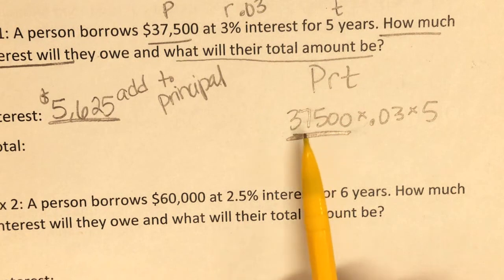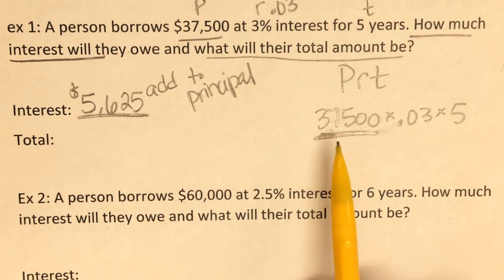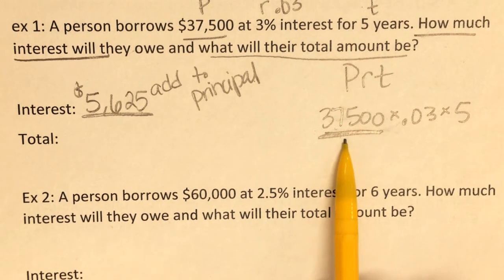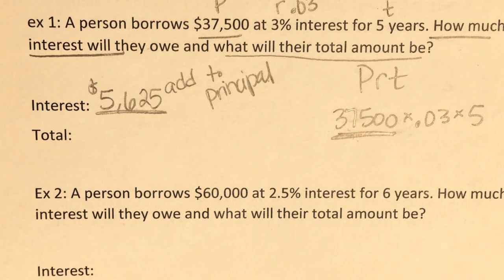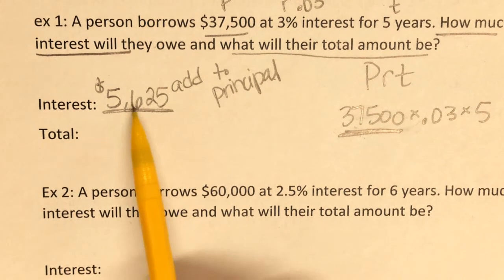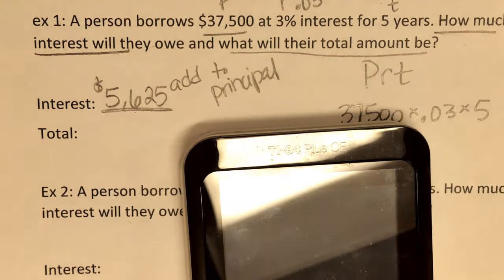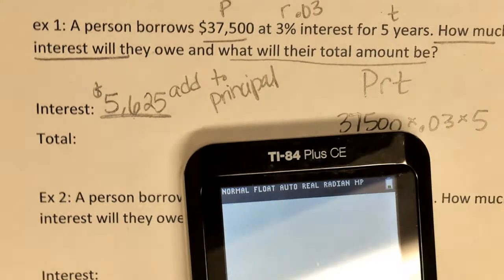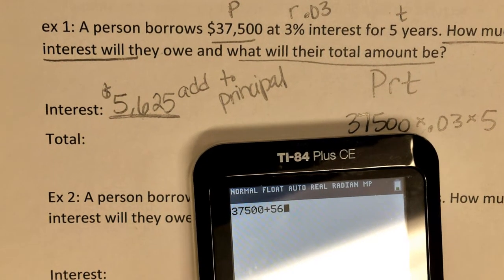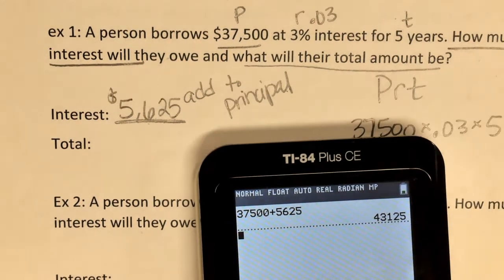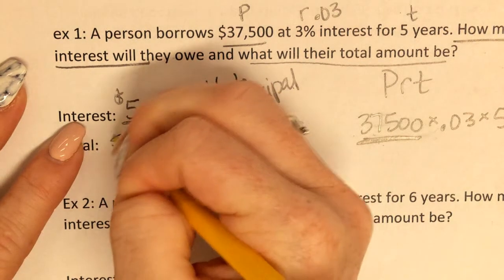You borrowed $37,500. You have to pay that back, plus you have to pay back your fee. So if I want to know what I'm going to pay all together, I add the fee back to what I borrowed, and that's my total. So $37,500 plus 5,625. I'm going to pay back total $43,125.